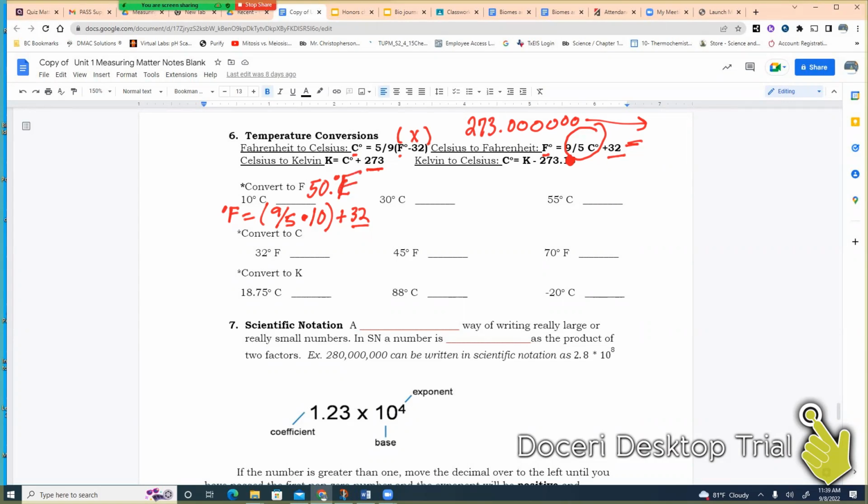Fahrenheit. All right, why don't y'all try the same formula? Try 30 degrees. What's that going to be in Fahrenheit?